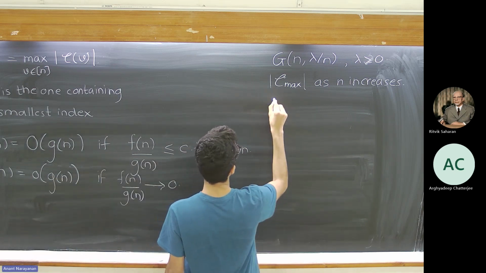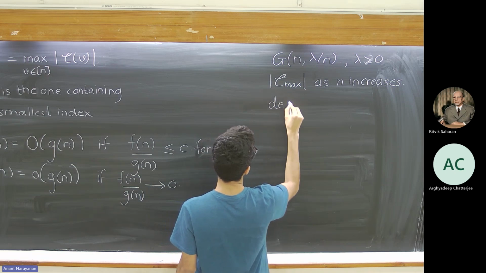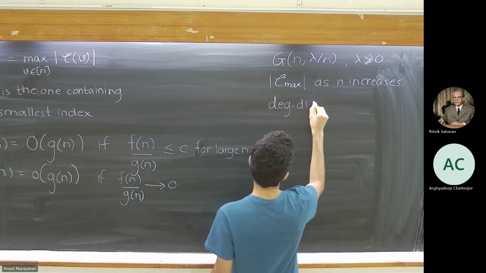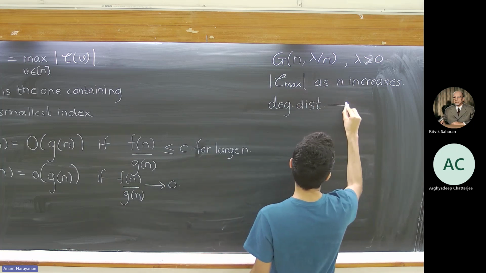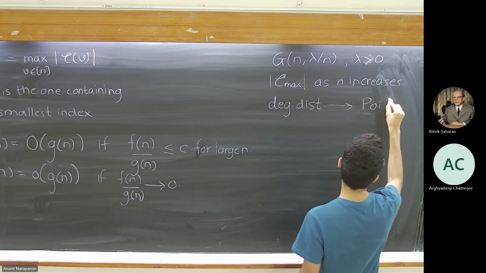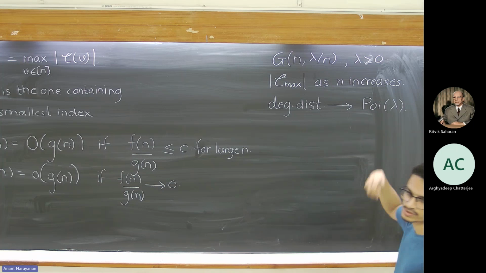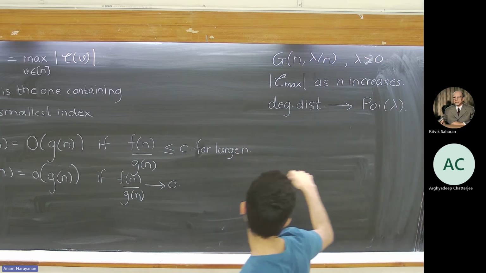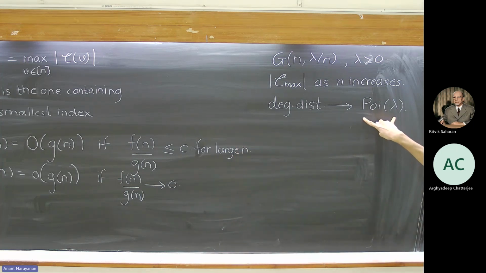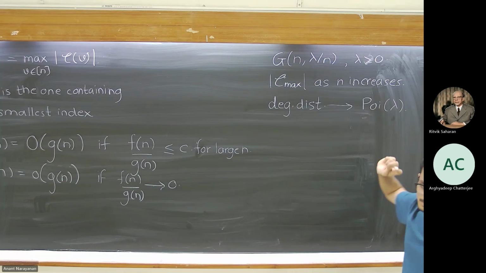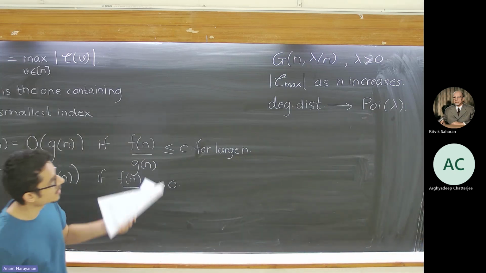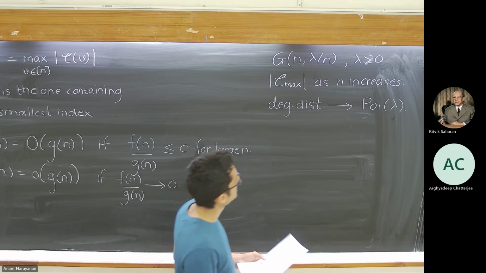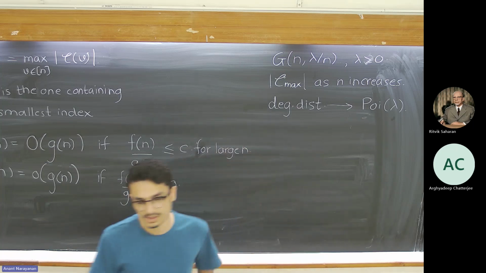What happens is that the degree distribution of this graph goes to Poisson lambda. So now I want to study graphs which have this degree distribution. This provides a good approximation of what the largest component is.